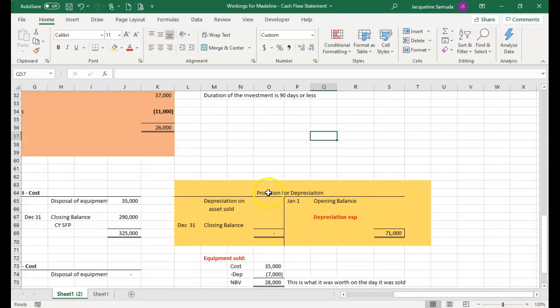Again, provision for depreciation is a provision. It behaves like a liability. Its opening position is always a credit. So we're going to look to the prior year statement of financial position for the figure.